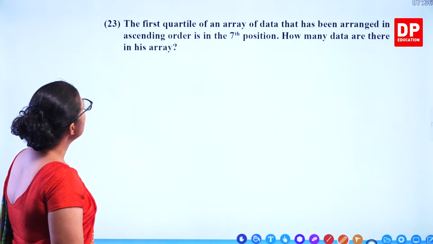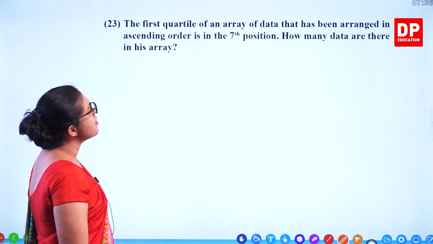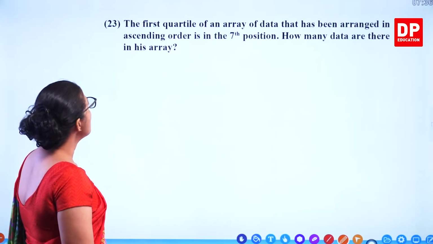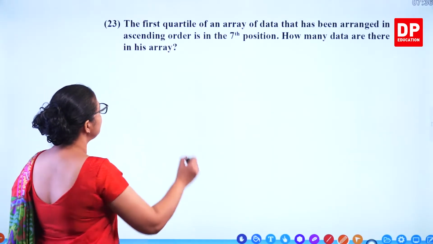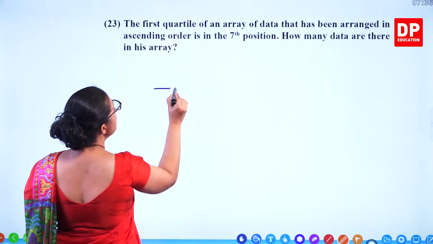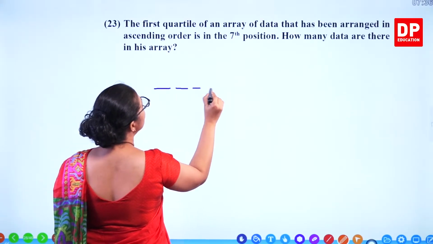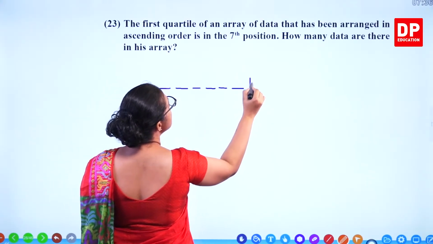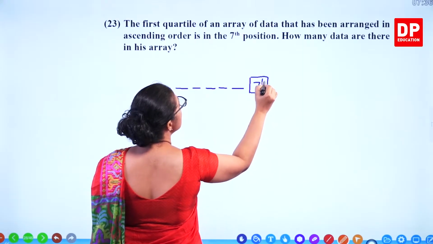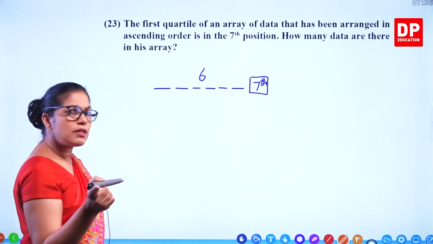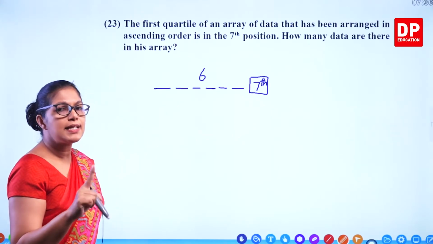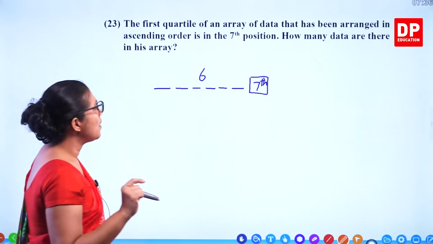Question number 23. The first quartile of an array of data that has been arranged in ascending order is in the 7th position. So how many numbers are there before? If this is 7th position, you get 6 numbers. Quartile means dividing the data set into 4 equal parts.